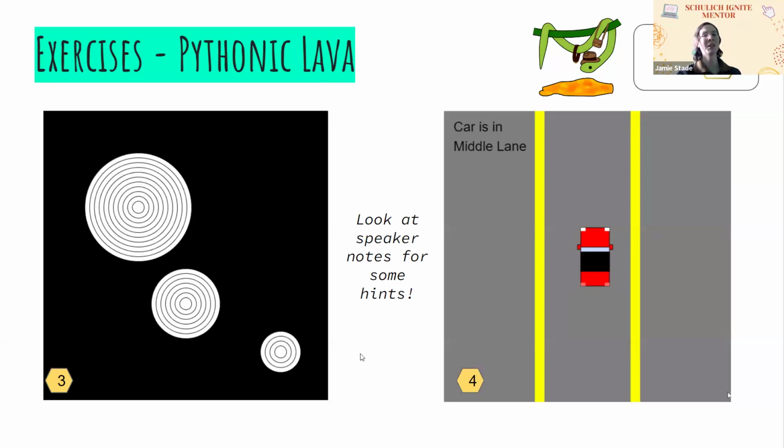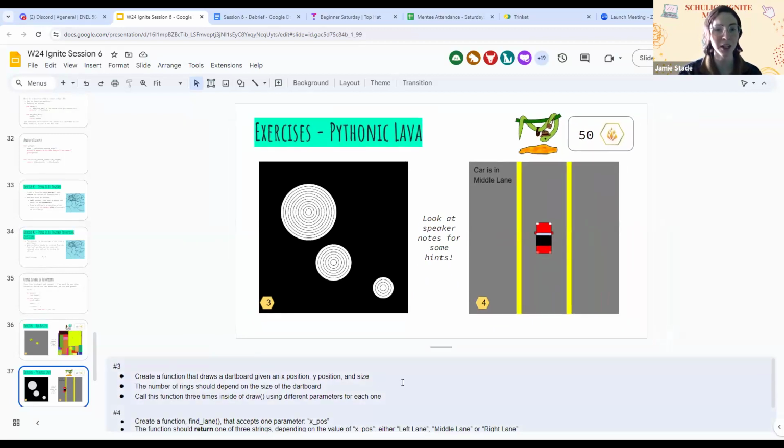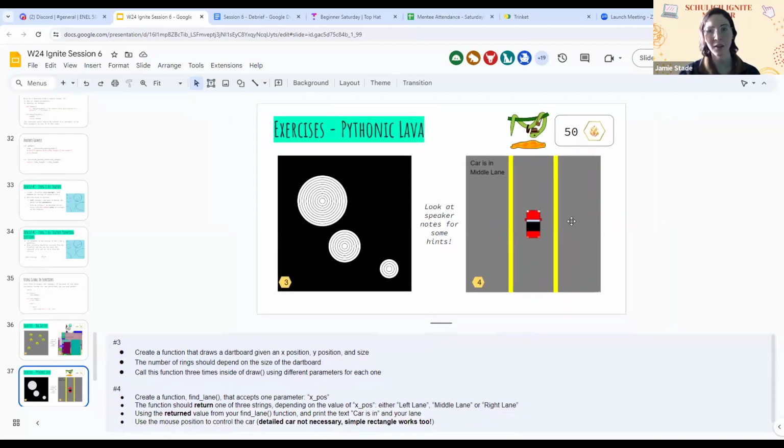Okay, Pythonic lava is a bit more difficult. We have the targets one. This one isn't really clear what it does, so I'm just going to go over to the speaker notes. We want to create a function that draws dartboards at a given x and y position, and the number of rings is dependent on the size of the dartboard. And then we're calling that function 3 times. And the car one, we have our simple car.